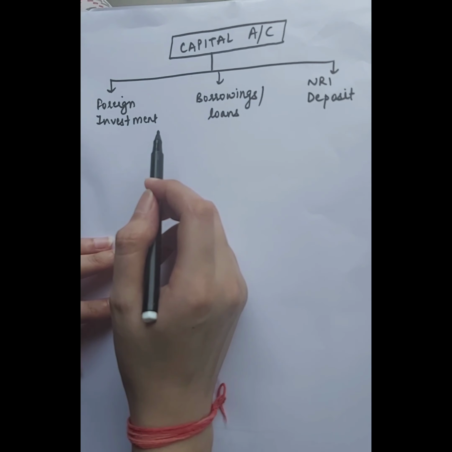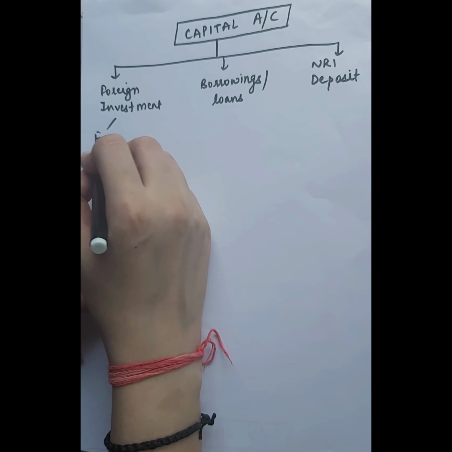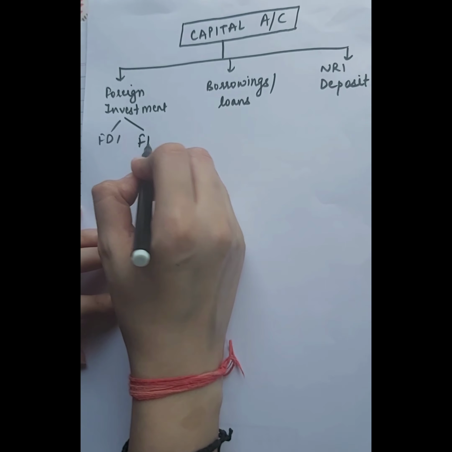Now let us move to the capital account of balance of payment. Capital account involves all the monetary and international transactions that affect a country's asset and liability position. Let us discuss this with the help of a flow chart. The capital account involves foreign investment like FDI, FII.